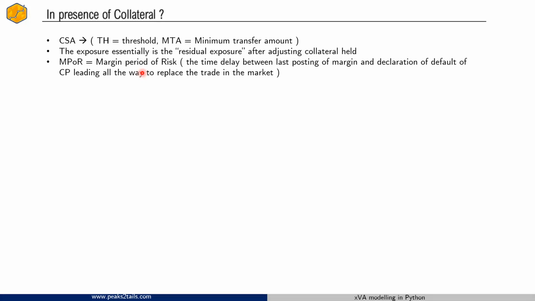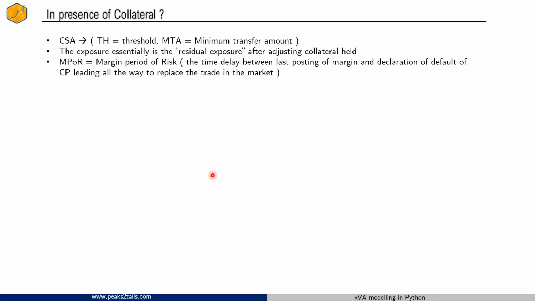So that total vulnerability period is defined as the time from when you got the last collateral or margin posted, which neutralized your exposure, all the way up to the counterparty defaulting, declaring default, and you getting ready to replace those transactions in the market with a new counterparty.